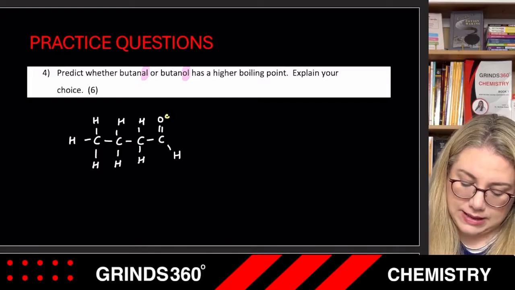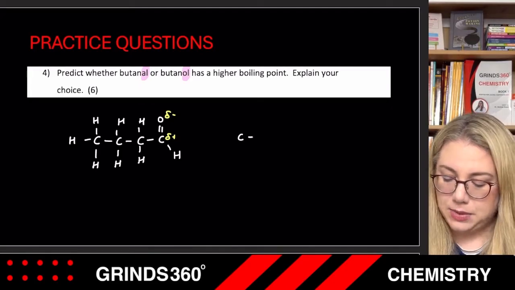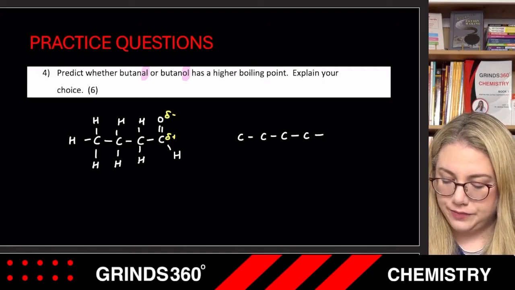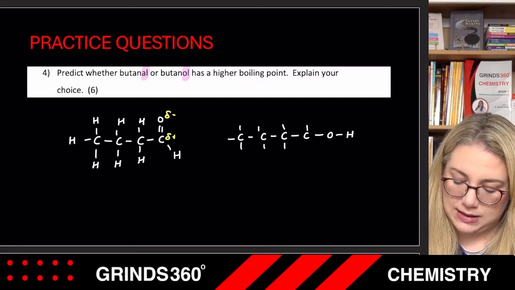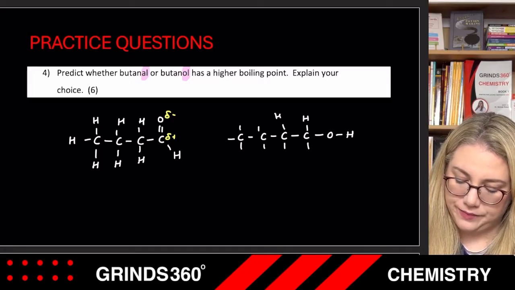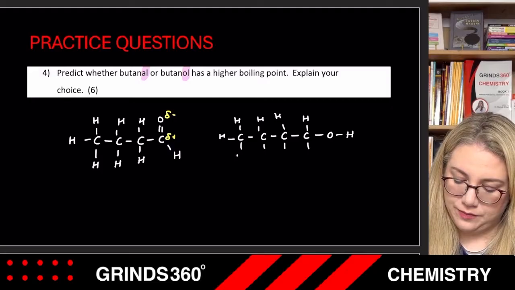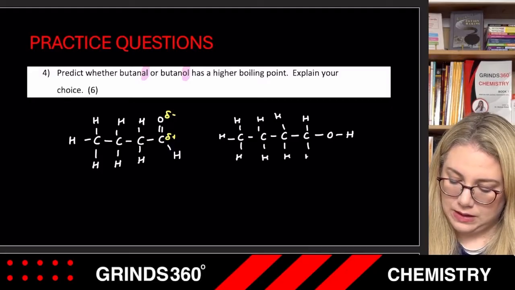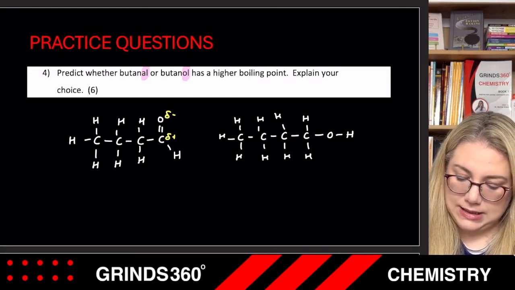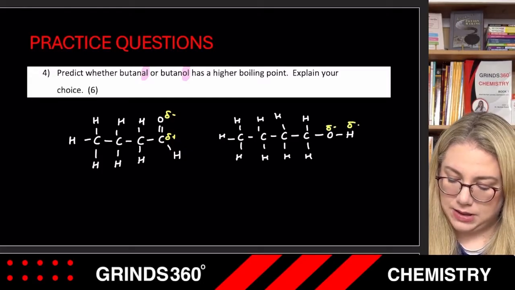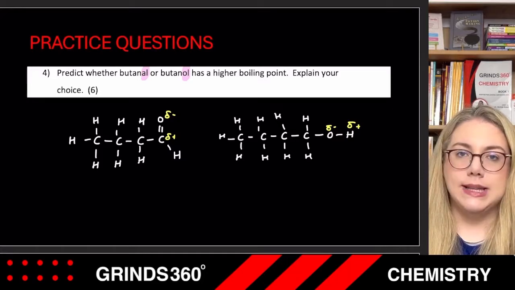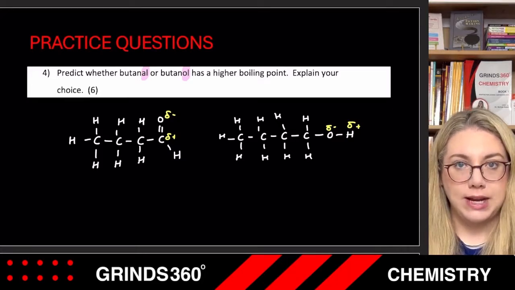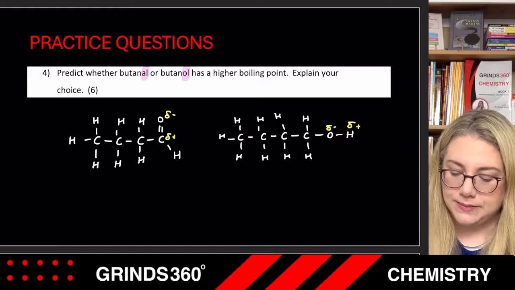And we have delta minus, delta plus, that's my butanal, and butanol, I'm doing it as butan-1-ol, just to put it on the end to make things nicer. We have delta minus on the oxygen, delta plus on the hydrogen. Now, for explaining their boiling point, so boiling point questions, we're going straight in for intermolecular forces.